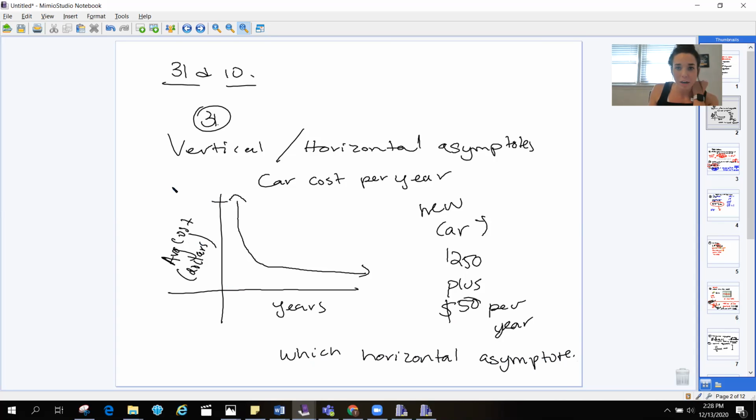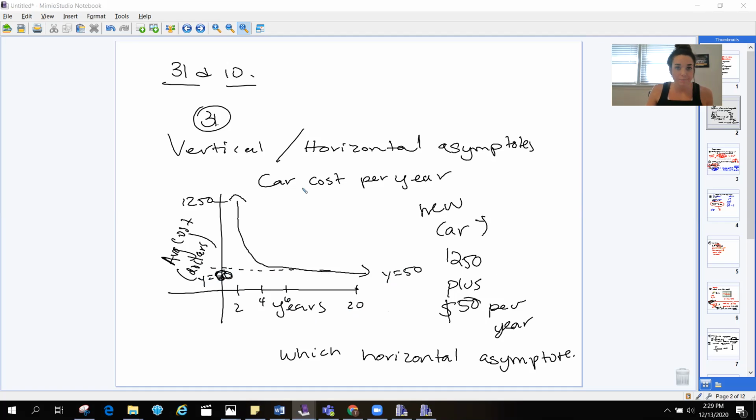If it started all the way up here at 1250 and starts going down, and we're having in 2, 4, 6, all the way out to 20 years or so, and let's say it levels off at y equals 50. So your horizontal asymptote is y equals 50, right? With that being said, what does that y equals 50 actually represent?